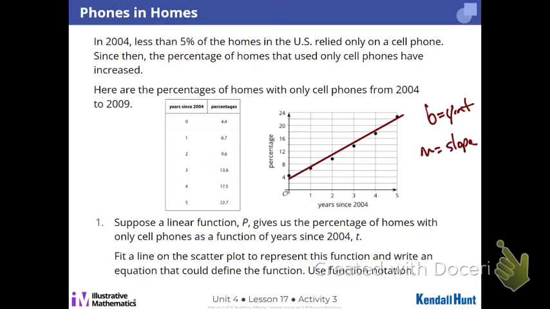And so we're looking at slope-intercept form. This one asks for function notation. So since it's percentage, I would use this general form: P of x equals mx plus b. Okay? So you need to find the slope and y-intercept for your line of best fit. It might end up being a little different than mine, but we're going to be in the same ballpark, all right? So you and your partner are going to work on that right now.